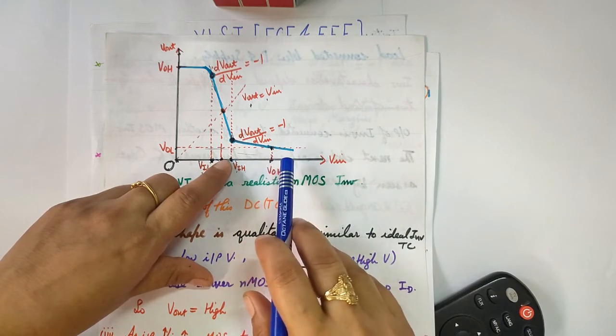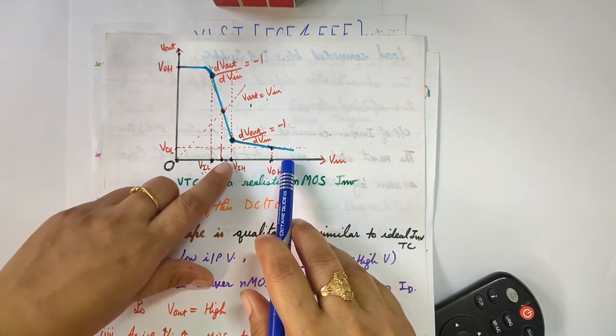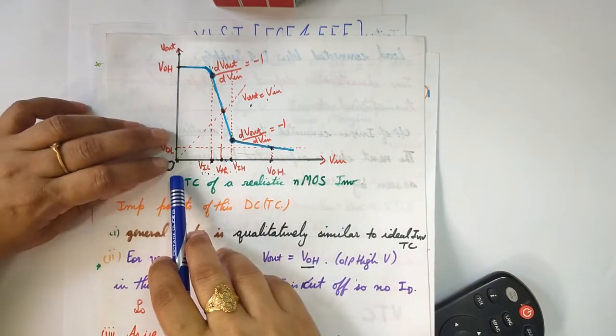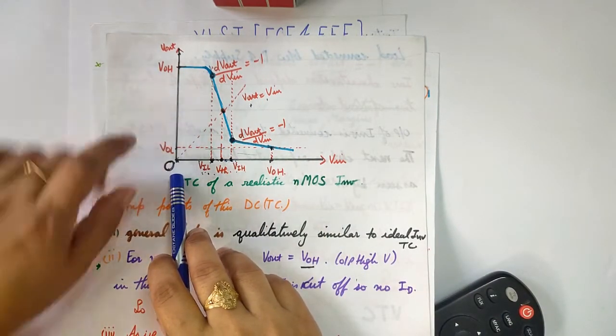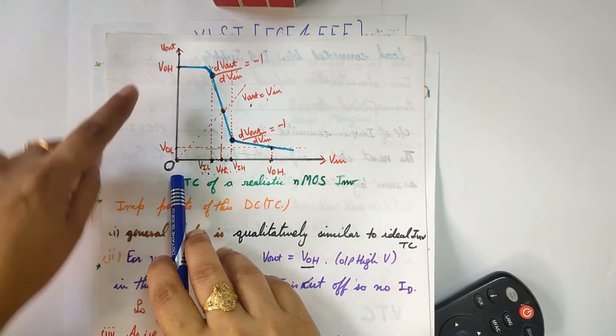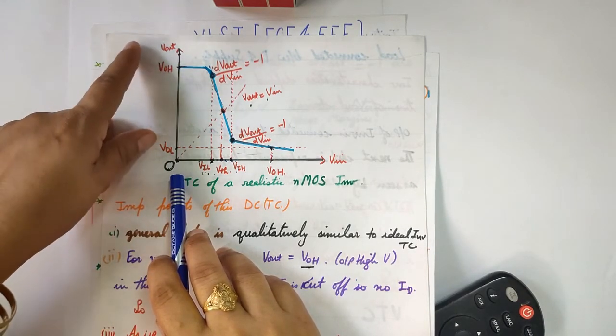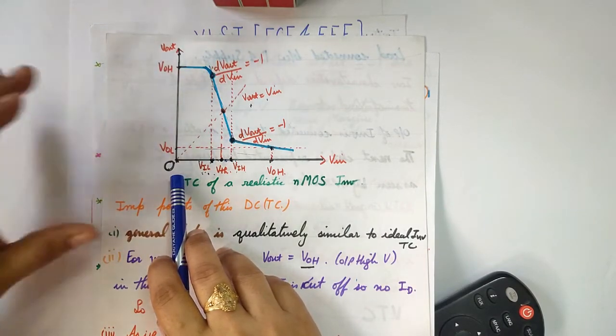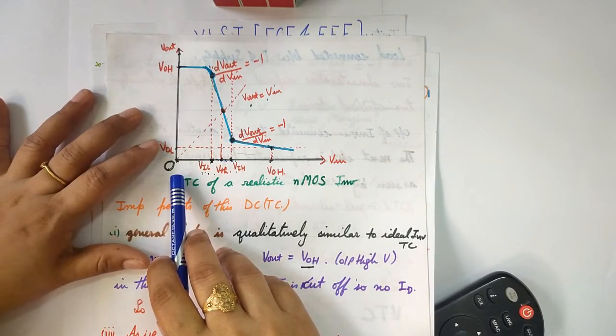So from VIH to the maximum possible is termed as logic 1 for the input signal. From 0 to VOL is called the output low signal, meaning logic 0, and from VOH to VDD, that is the maximum possible output, it is termed as logic 1 or high output.